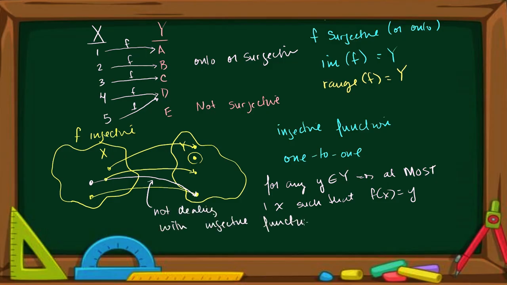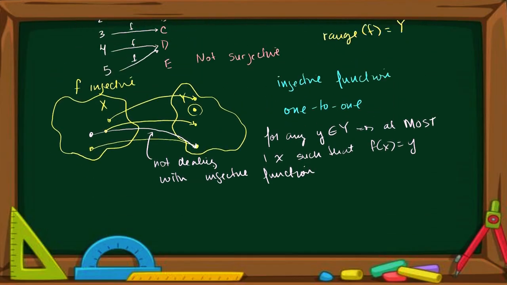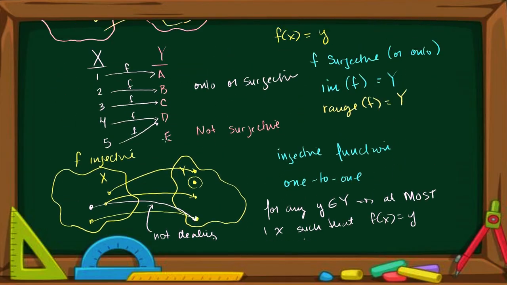Let me draw another example here. Let's actually go back to this example right here. When I added this e here, we said this is not surjective anymore because every one of these guys is not being mapped to. Is this an injective function? Well, no, because I have f of 5 and f of 4 both mapped to d. So this is what breaks its one-to-oneness or its injectiveness.